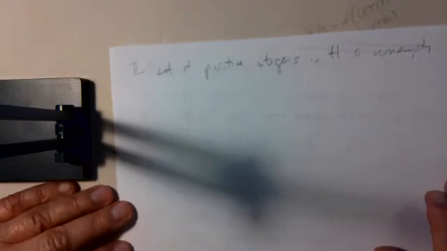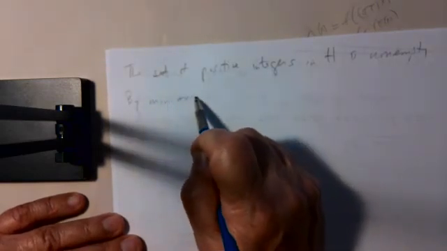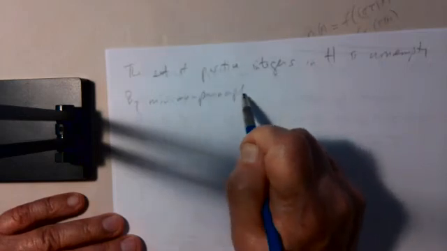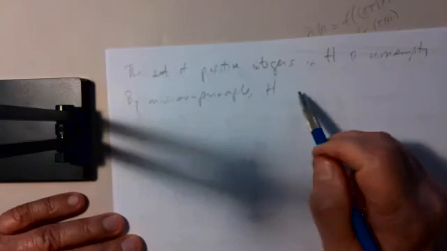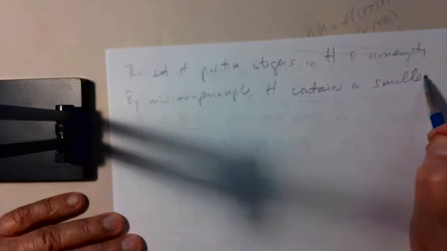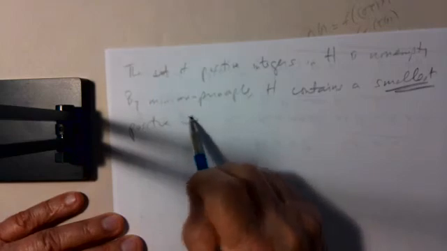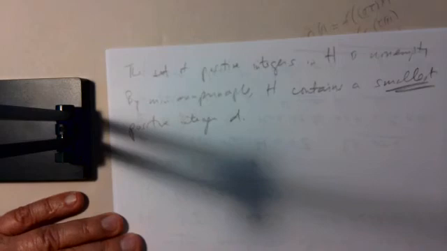If H contains a non-zero integer, it contains a positive integer. By the minimum principle, H contains a smallest positive integer, I'll call it D. So D is the smallest positive integer in the subgroup H.